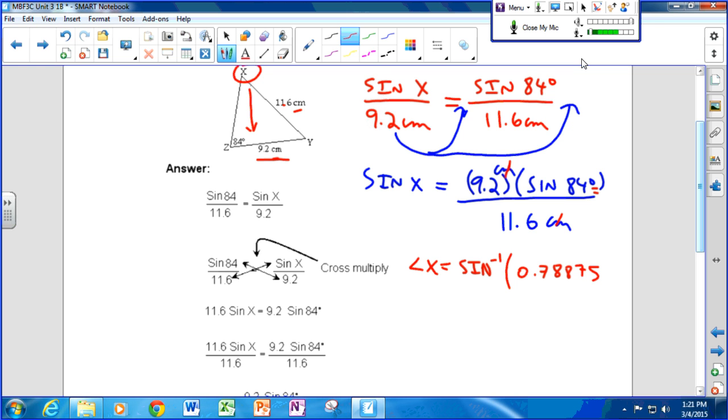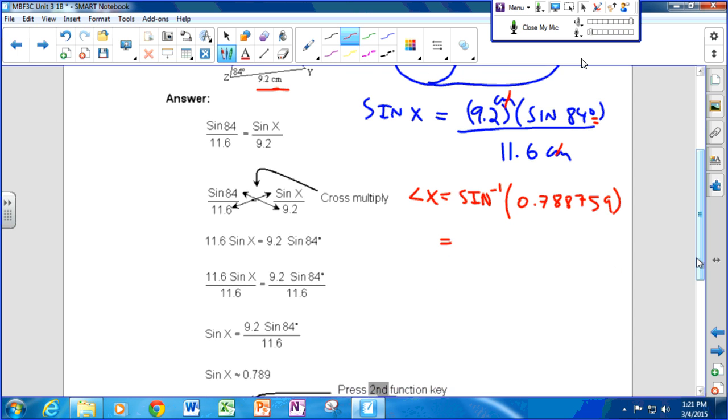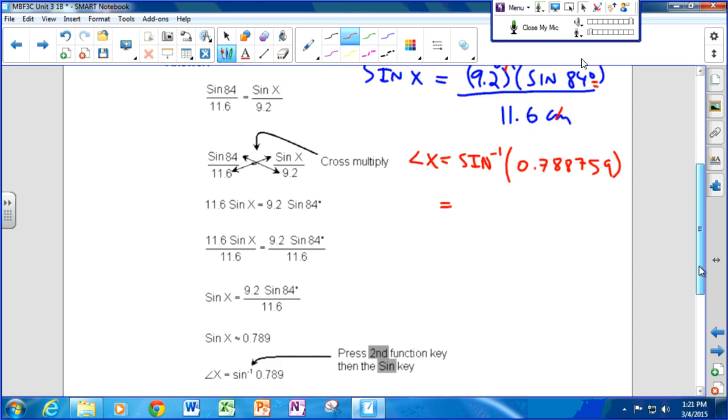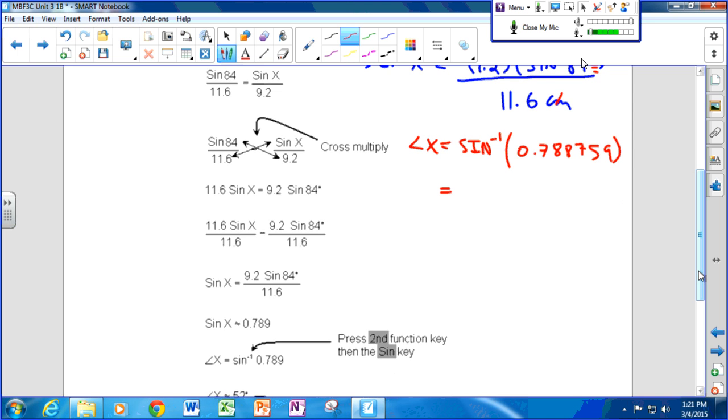I'm just rounding it off to 6 decimal places. And then if we take the inverse sine of that, which is usually above your sine button, printed in a different color, I basically get 52.1 degrees. We say approximately.